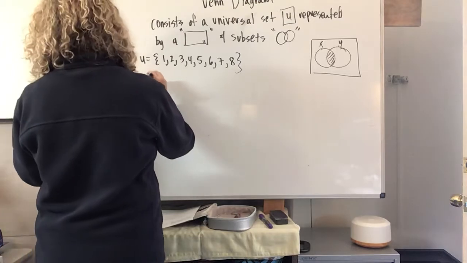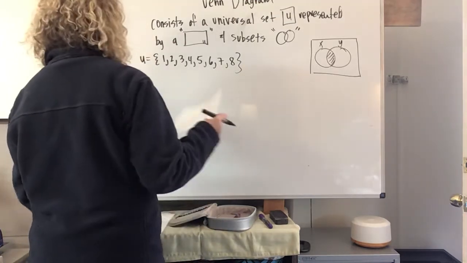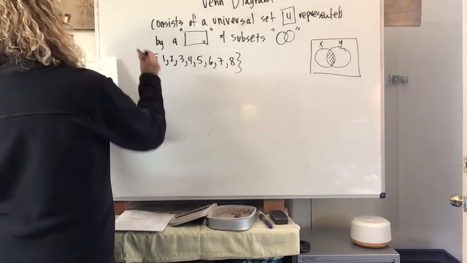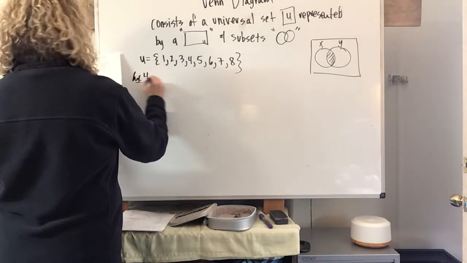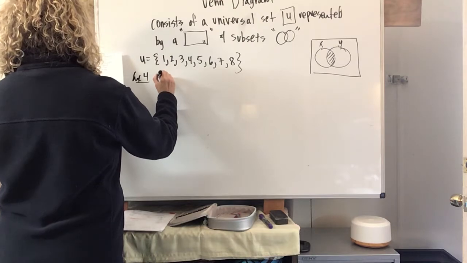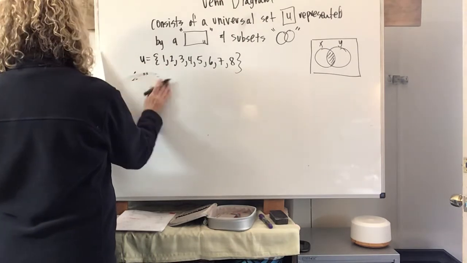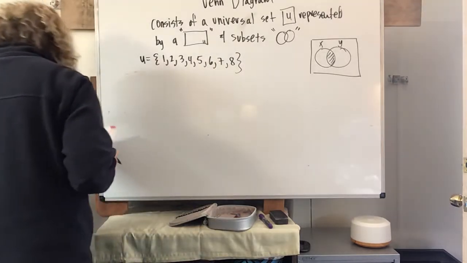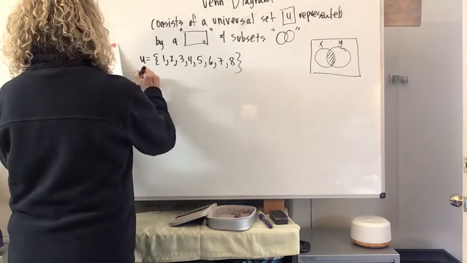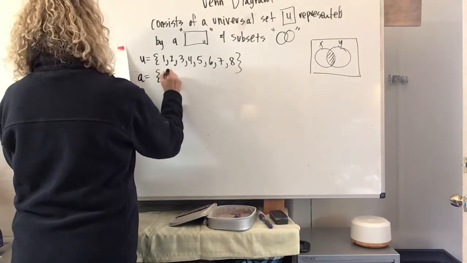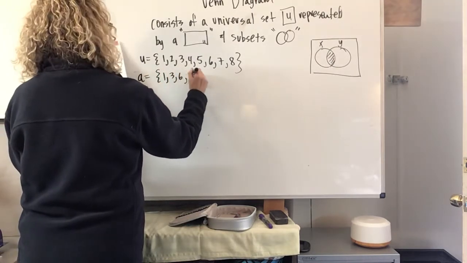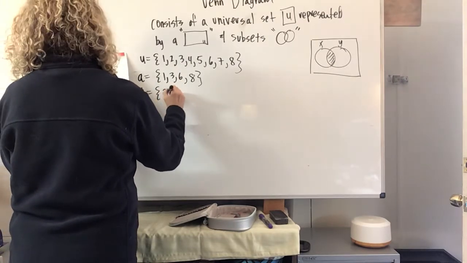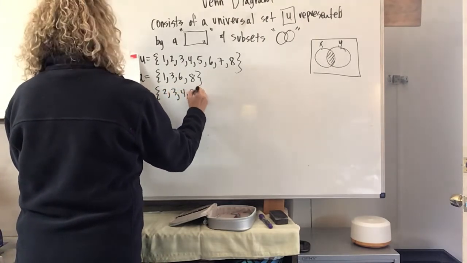So we are in example 4. Before we start example 4, we are given that A is 1, 3, 6, and 8, and B is 2, 3, 4, 5.